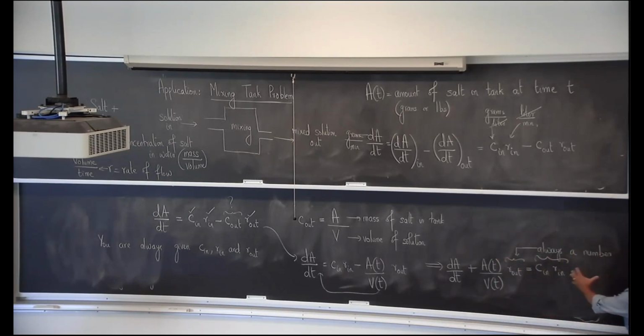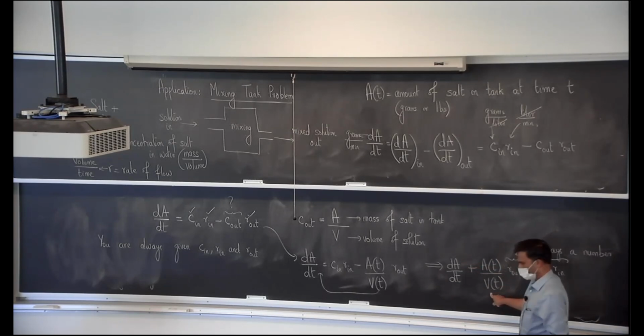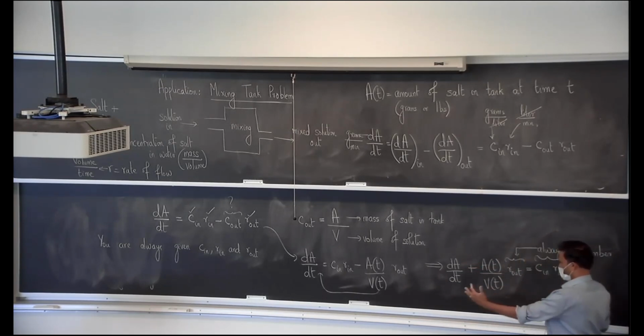Okay, so both those sets of terms are always numbers. This is the unknown quantity A, that's here. We're going to talk about V, and that is going to be the full setup of your differential equation.